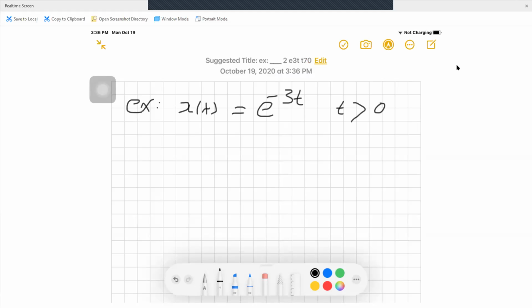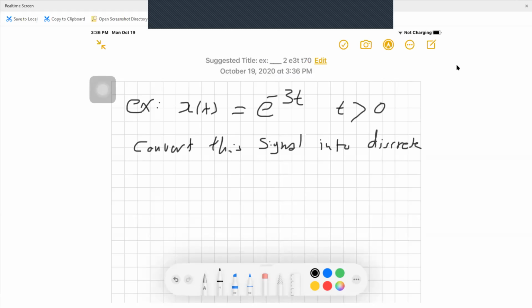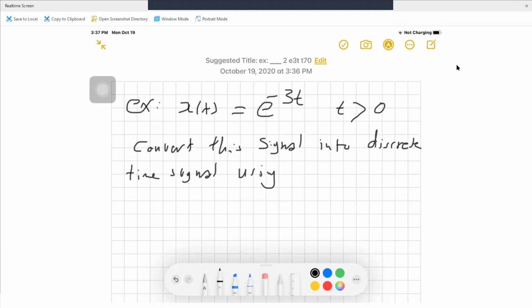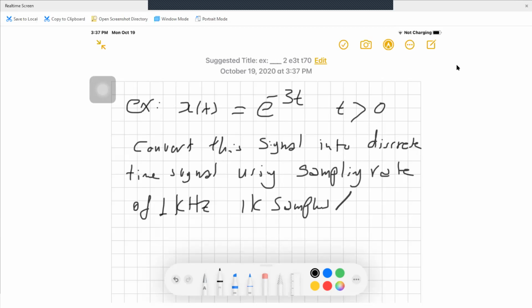The requirement is to convert this signal into a discrete time signal using a sampling rate of 1 kilohertz, or 1 kilo samples per second. What are we going to do to solve such a problem?